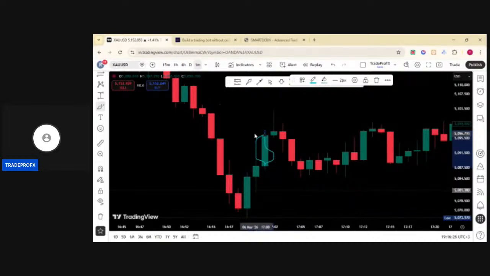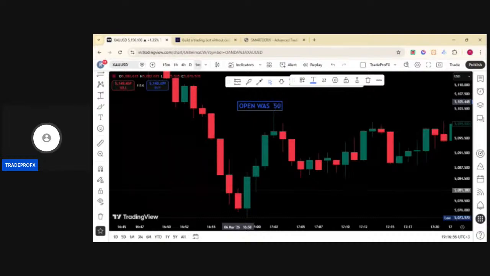When I put the cursor here, you can see the open was at 5088.010. Let me check again. Yes, 5088.010. So that was the open.